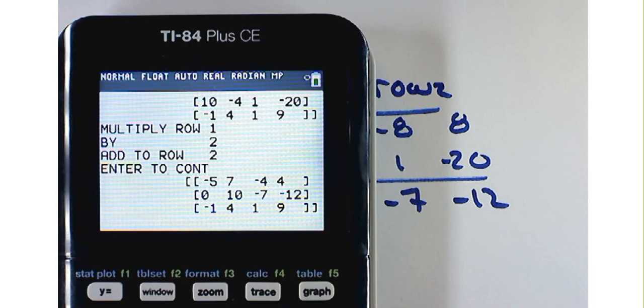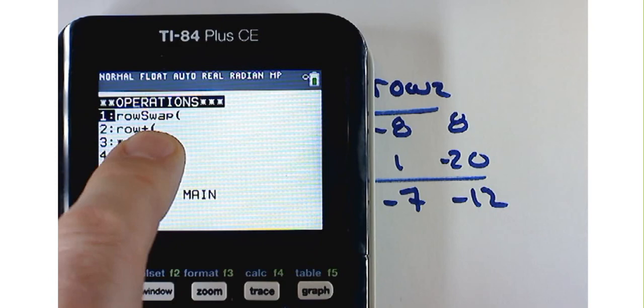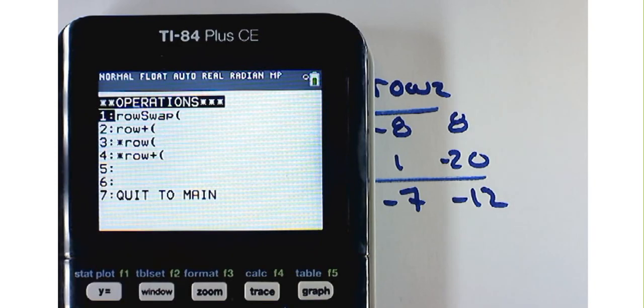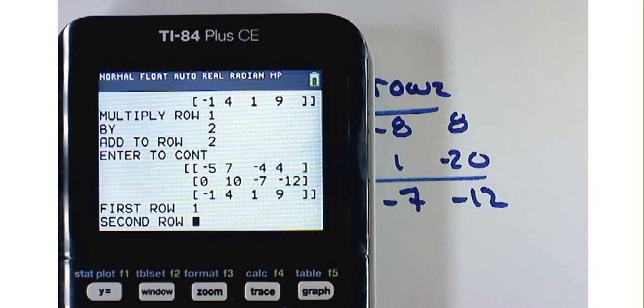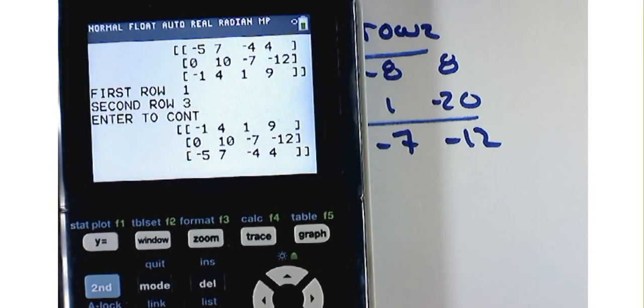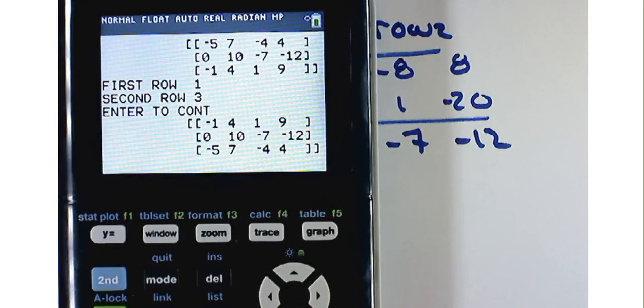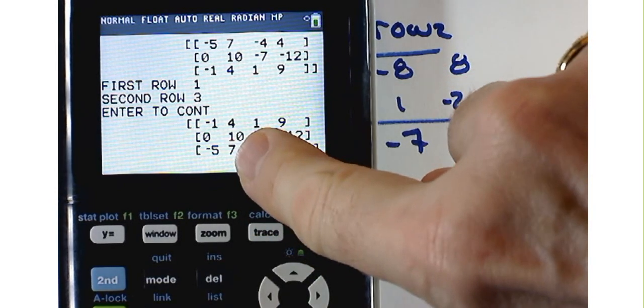So if you press enter and say, all right, this time I want to do a row swap. So I'll do a 1. I'll swap row 1 with row 3. Oh, that looks a little bit better. And if I wanted to continue, I would put this in row echelon form, which would mean getting a 0 here and eventually a 0 here.